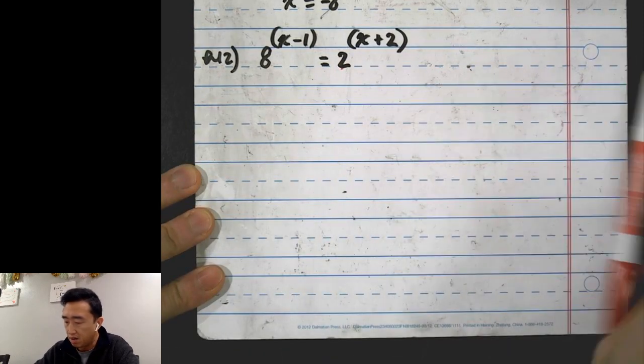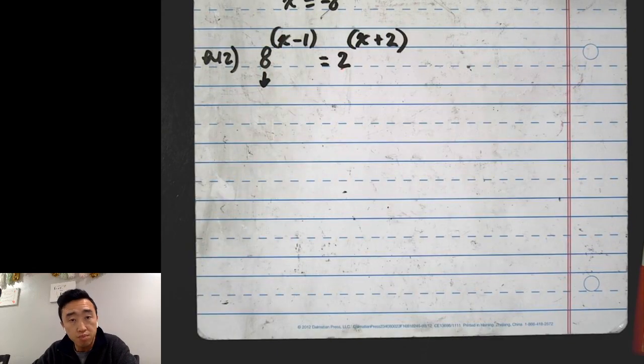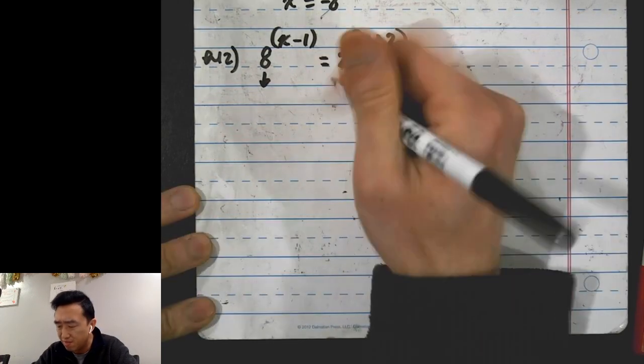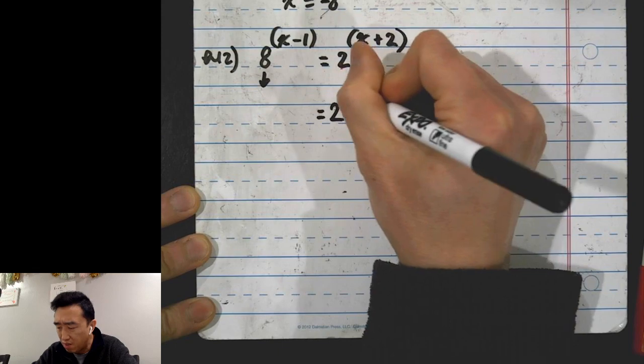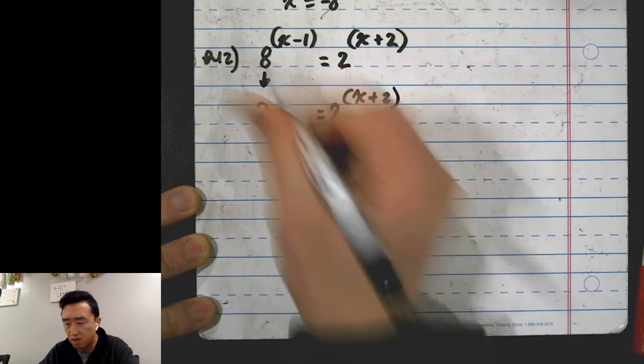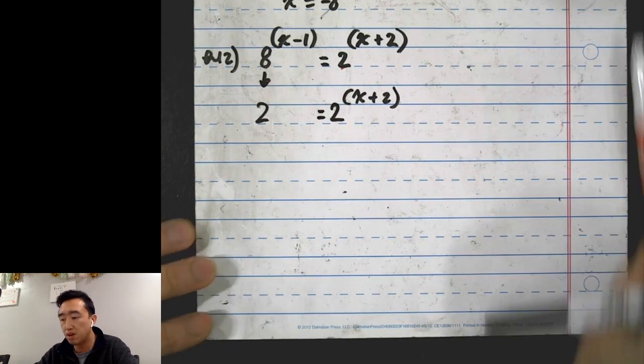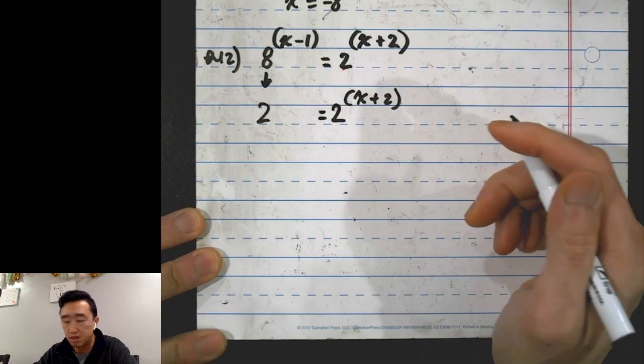But what if this base can be transformed into the exact same value, but with a base 2? You're thinking, how do I do that? How do I make them both be base 2? Well, in your mind, you got to know to some degree some of your exponents.